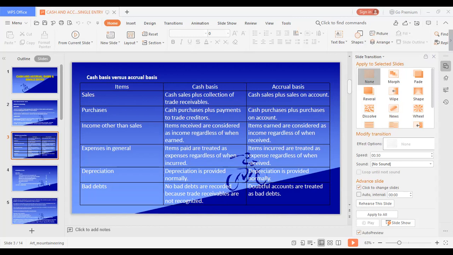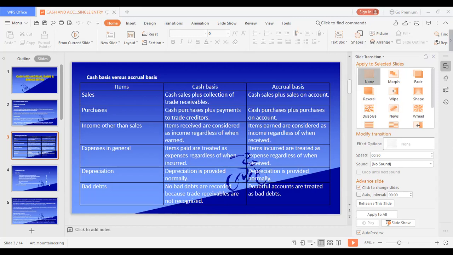Prepaid expenses increase, then accrued expenses increase, and earned rental income increase. So unearned rental income is a decrease. So the effect will be an increase on net assets.